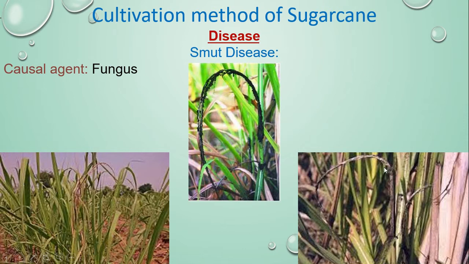So that is why it's called smut disease, because it looks like an elephant's trunk. This one is as well harmful for your sugarcane. So for control measures, when you find this one, you have to remove it immediately, and we have to apply fungicide and treat the seed sets with the fungicide.